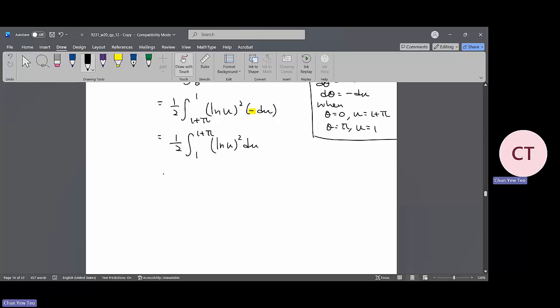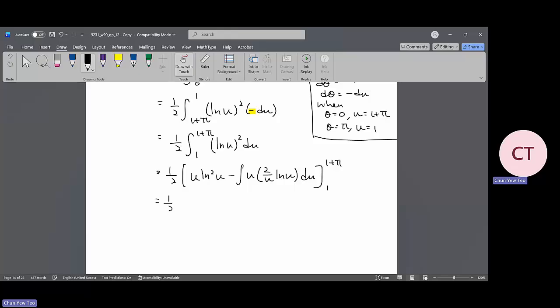If you use integration by parts, then this one will be u ln square u, minus the integral of u times 2 over u ln u du, from 1 until 1 plus pi.